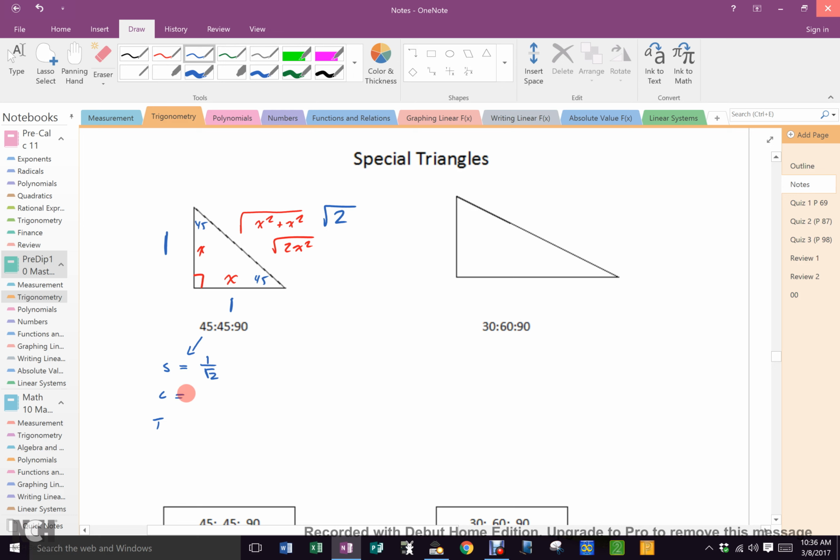What's the cos? 1 over root 2. And what's the tan? 1 over 1, which is 1. Everybody cool? Does it matter how big the triangle is? No. If I do 1 divided by root 2, I get the sine and the cos and the tan for all 45-degree triangles. Got it?